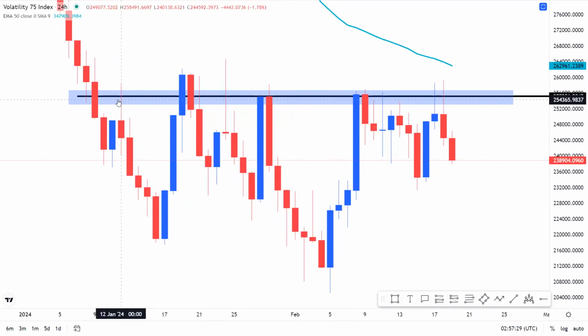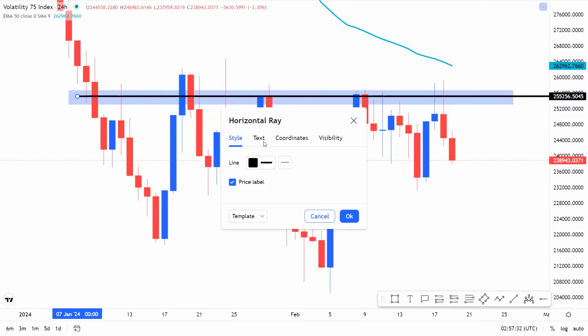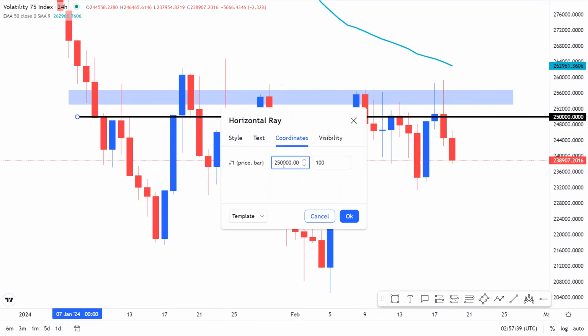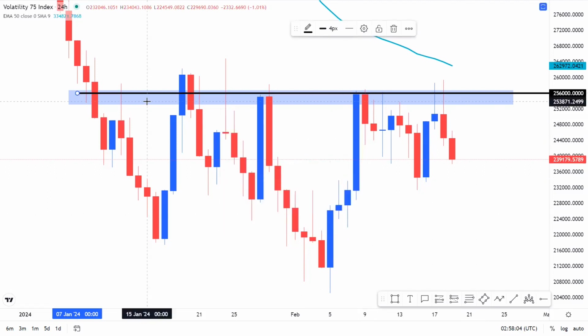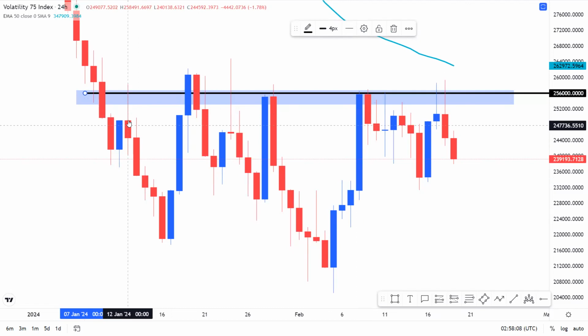Now, guys, also what you notice, you can see as soon as we tapped right here into the level, we had a nice daily candle below the level.